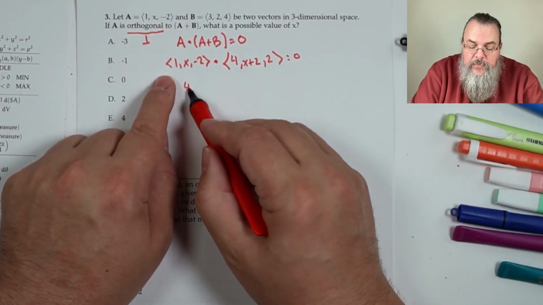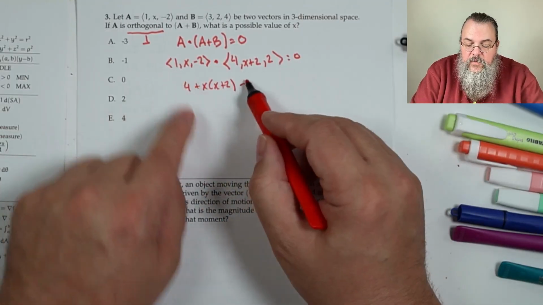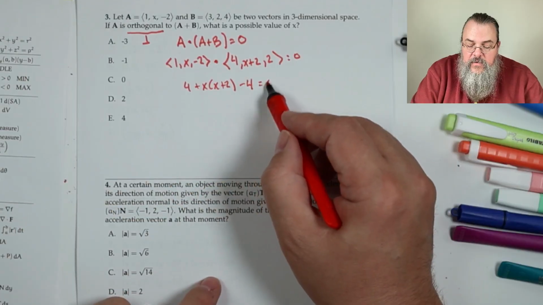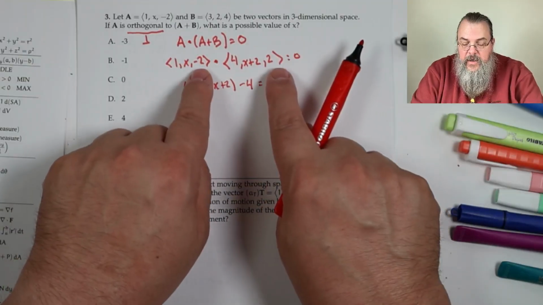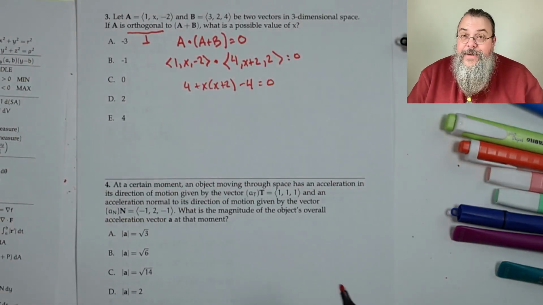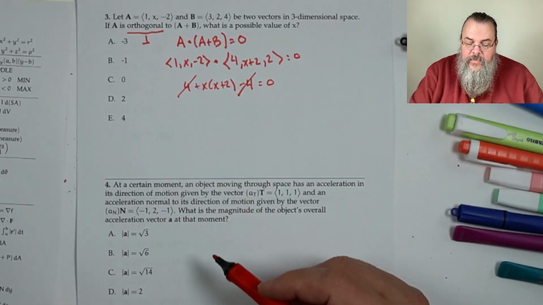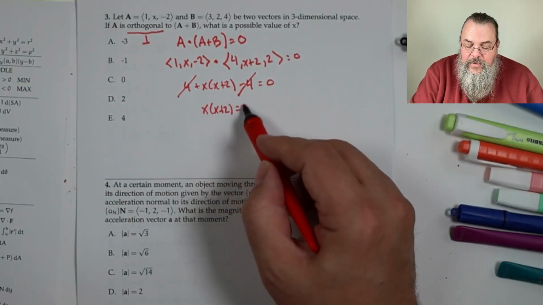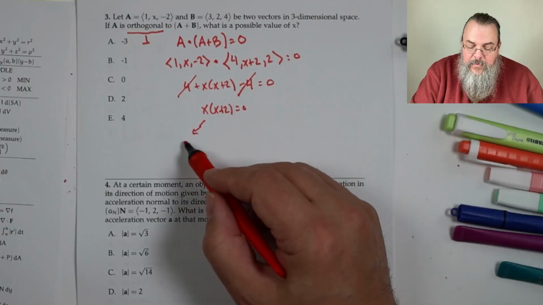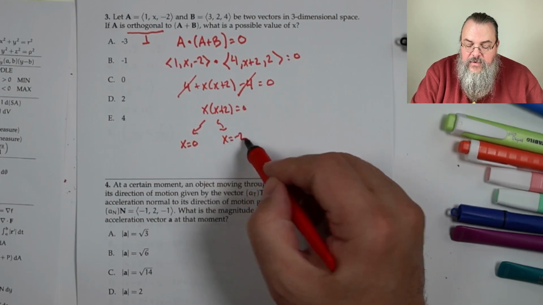We get 4 plus x times x plus 2 minus 4 equals 0, right? So you have 4 and minus 4. Well, that's very convenient. So what does that tell us? Well, it tells us that x times x plus 2 has to equal 0, which gives us two possibilities. x equals 0 or x equals negative 2.